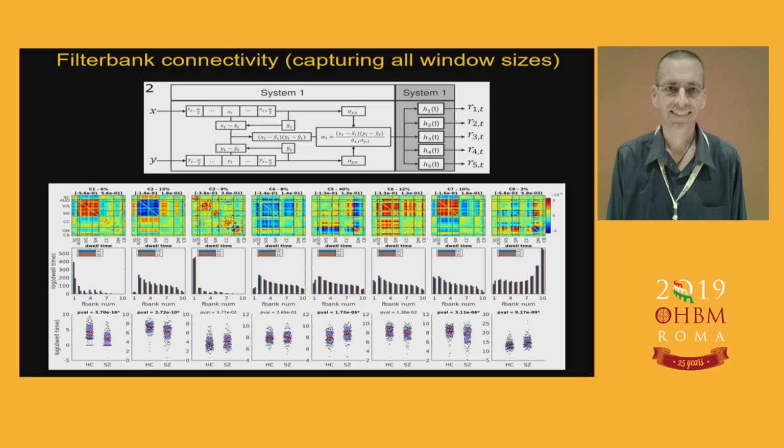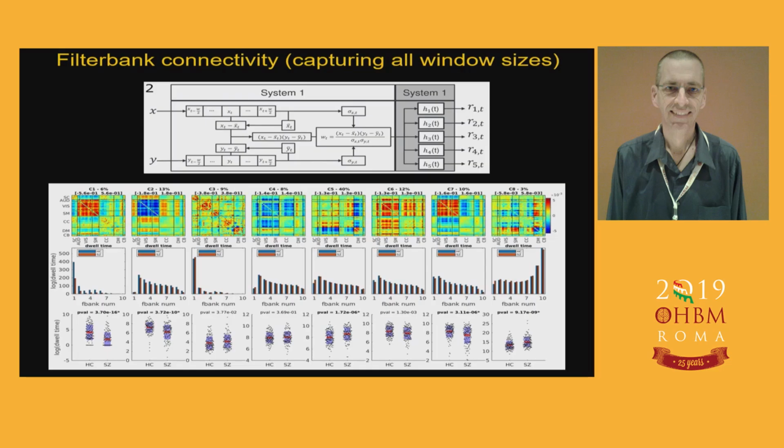One thing that we've been looking at recently is really trying to think of the window as essentially a filter on this dynamic correlation, and treat it as essentially a filter bank. So instead of looking at one filter, we look at a set of filters that cover essentially all the different window sizes from small to large. And then we follow with our clustering approach, as I mentioned earlier.